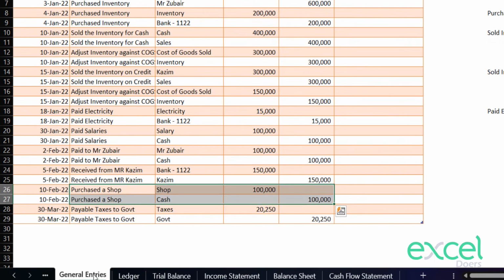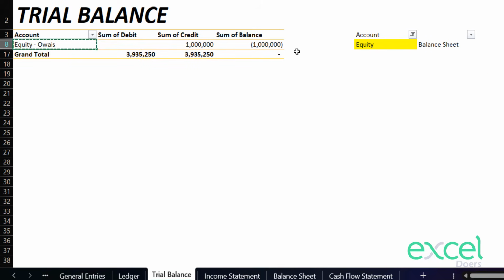Since this is the start of our business, I am taking direct values from here because the starting balance is 0. But if this is the second year of my business, I will take the difference of the opening and the closing balance.